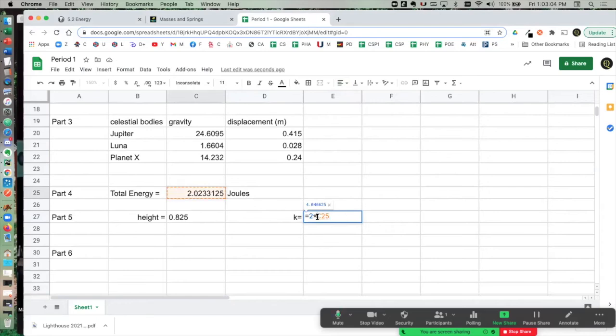Okay, and I can do dollar signs there. We're not going to drag it anywhere, we're not doing anything with it, so I guess we don't have to. So 2 times that, and then I'm going to divide by, ooh, I put my height right here, so I can grab that one. That's my D. Now I need to square it. How do you square it? Caret to square it. Caret 2, right?